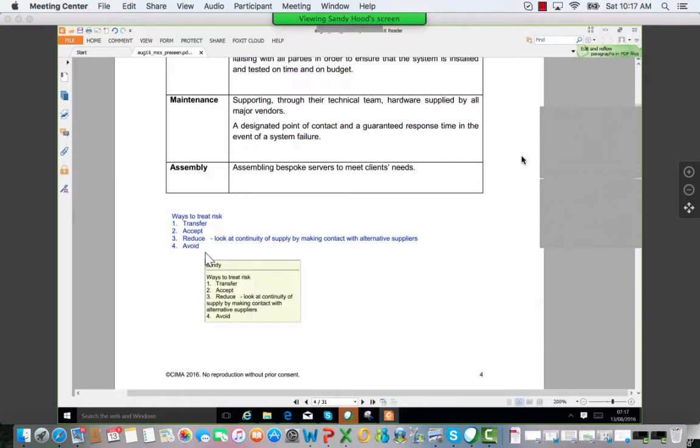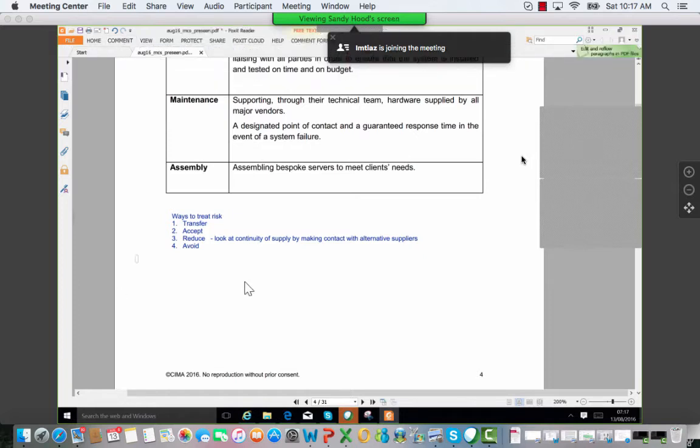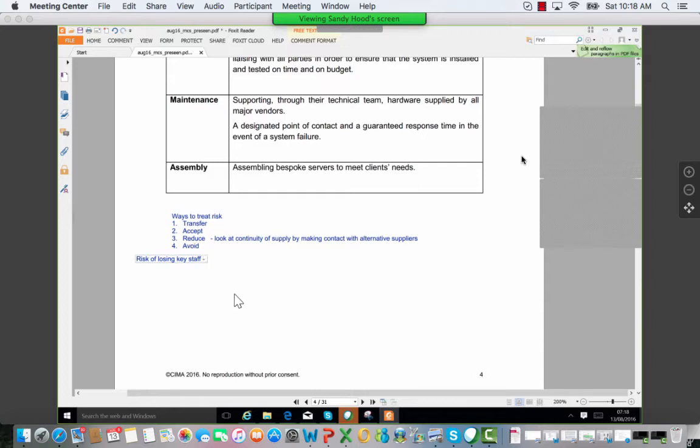These are rather difficult ones for us to be able to cope with, because if you think about the risk of losing key staff, then it's going to have a high impact.